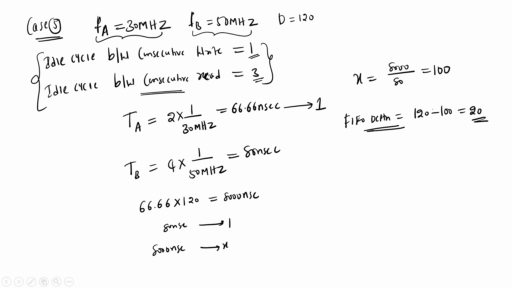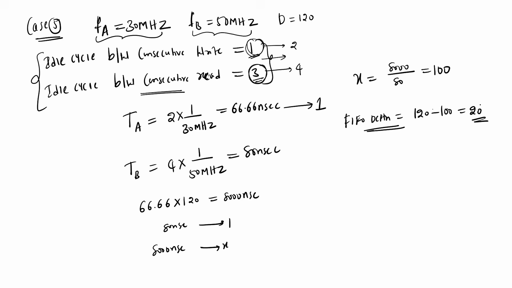But here, reading is happening every 2 cycles and writing is happening every 4 cycles. So idle cycles are there, and there is a chance of data loss in this case.